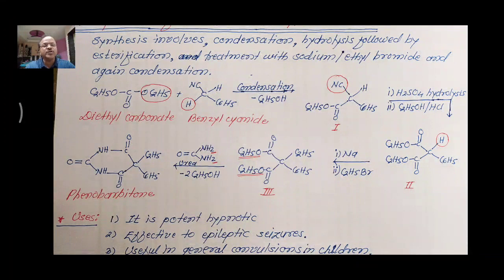So 2 hydrogens from the 2 NH2 groups of urea and 2 C2H5O groups from compound number 3 eliminate in the form of 2 molecules of ethanol, that is minus 2C2H5OH, and we get phenobarbitone, the expected product. This is how we can synthesize phenobarbitone from diethyl carbonate and benzyl cyanide.